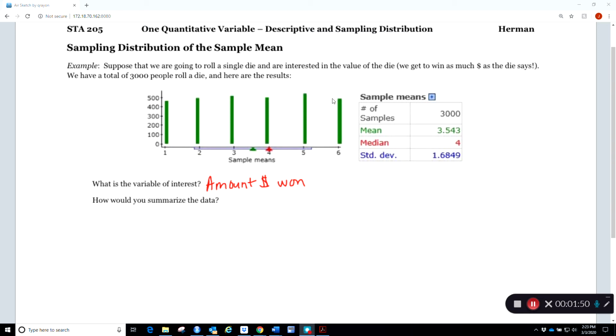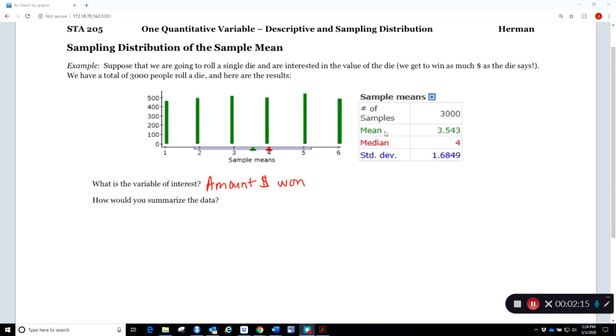There's really not a lot of differences, and that makes pretty good sense here because we sort of would expect the same number of people to roll a 1, a 2, all the way up to 6, if it was a fair die anyway. Are there any outliers? No. Right, we have over 400 people in each of the groups there. That's definitely not an outlier.